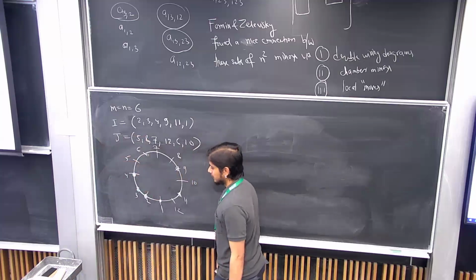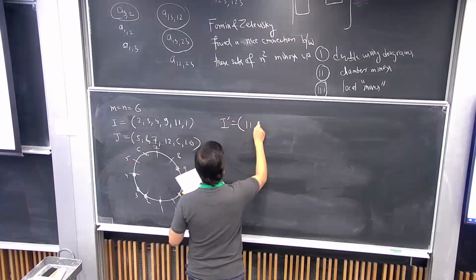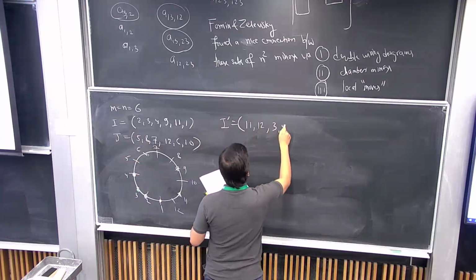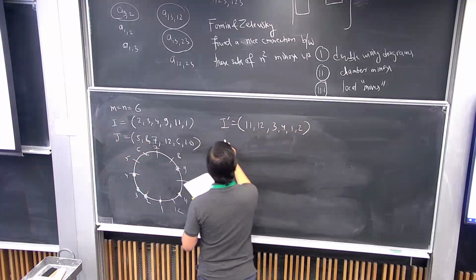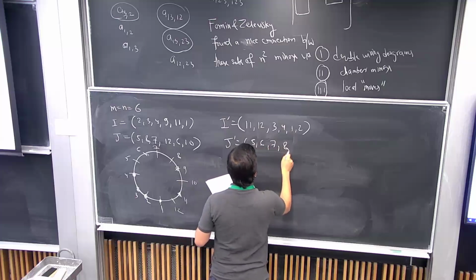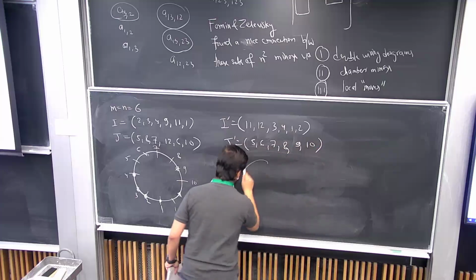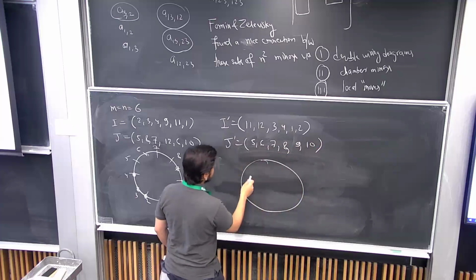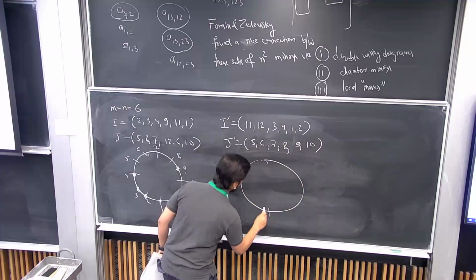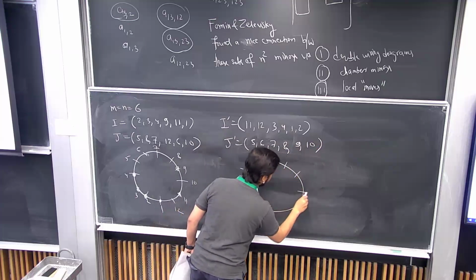However, on the other hand, if I prime is something like 11, 12, 3, 4, 1, 2, and J prime is 5, 6, 7, 8, 9, 10, then we can separate these elements.